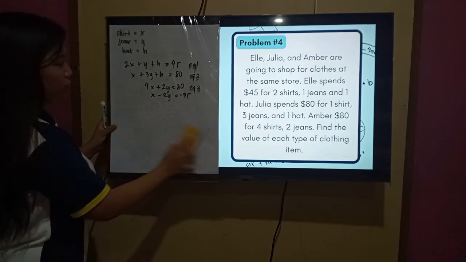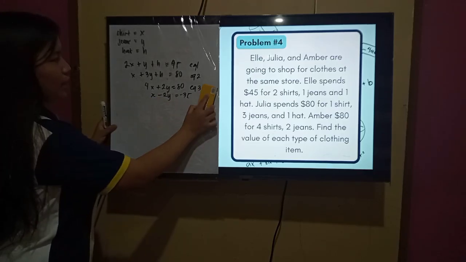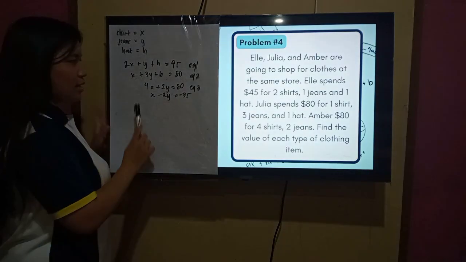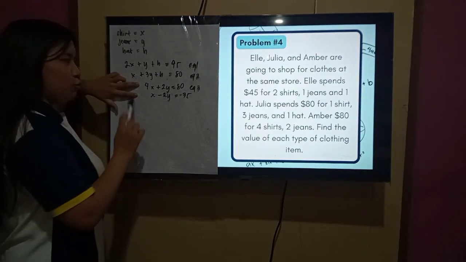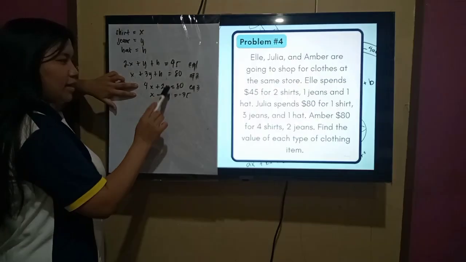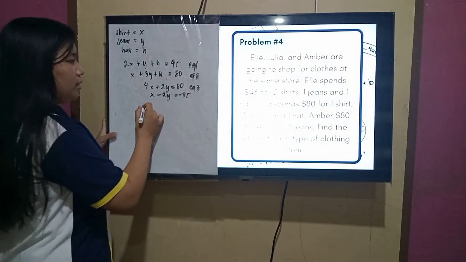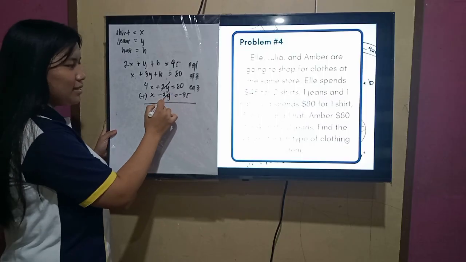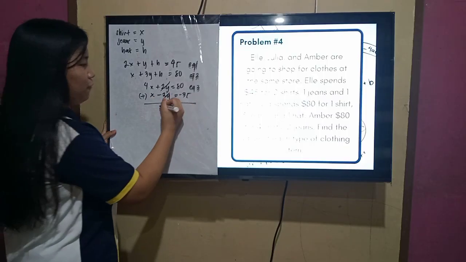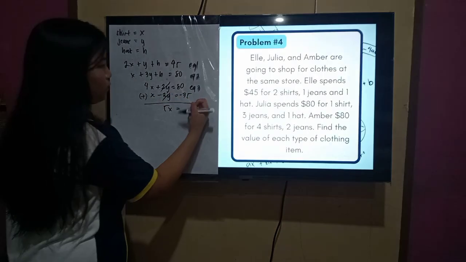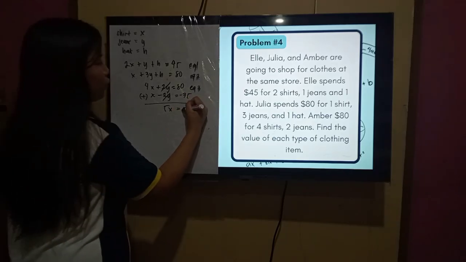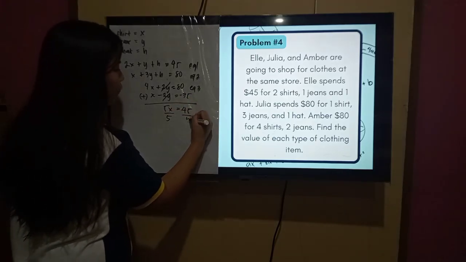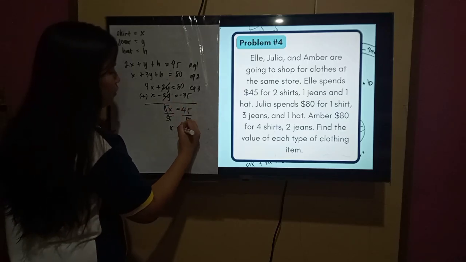Now, we could multiply to cancel one variable, but as you can see in our two linear equations in two variables, we can cancel the Y variable right away when we add them. So, cancel this. What remains is 5X is equals to 45. So, we divide both sides by 5. X is equals to 9.